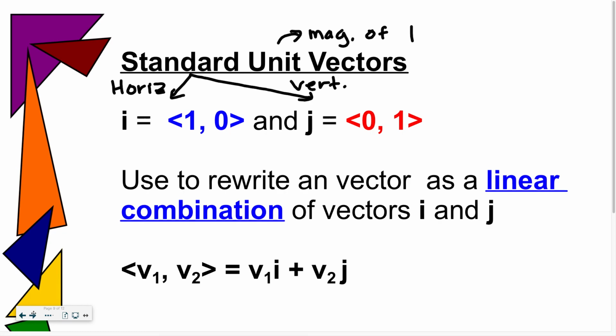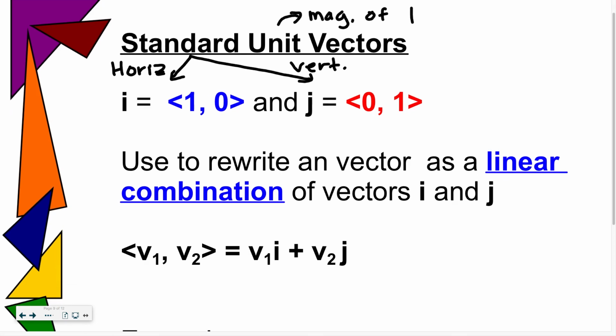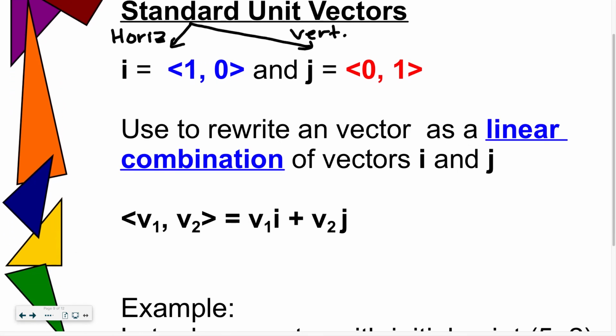Okay, now this part is used to rewrite the vector as a linear combination of vectors i and j. This is one of those things where you get the practice that you need with the vocab of vectors. We don't really talk a lot about linear combinations leading up to this point.